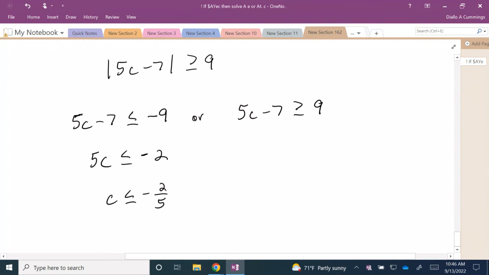I'm going to do the same process for the next equation. I'm going to add 7. So I have 5c is greater than or equal to 16. I'm going to divide by 5. So c is greater than or equal to 16/5.